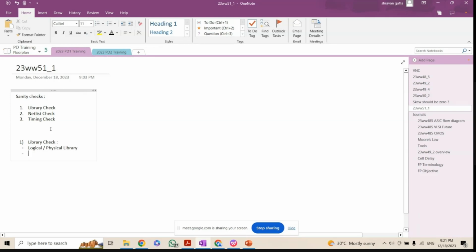Not only a mux, any cell that drives this inverter should be connected. It should not be left unconnected, maybe due to some RTL mistake where they forgot to add the connection to this cell.